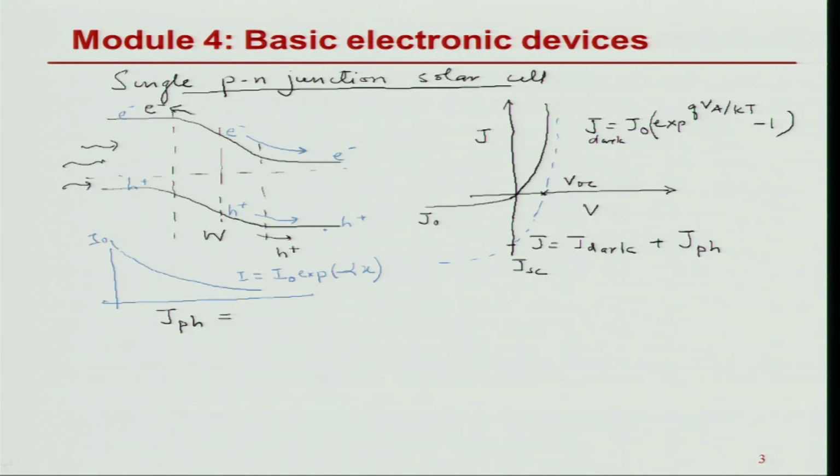But which are being collected? All the ones which are in the field, in the depletion width, they are feeling the field and they are going to be drifted due to the field. So the efficiency of collection for these electron hole pairs is going to be maximum in the depletion width. What happens to the electron hole that is generated here? It is not feeling any field, there is no field in this area, so there is no drift force on these free electrons and holes.